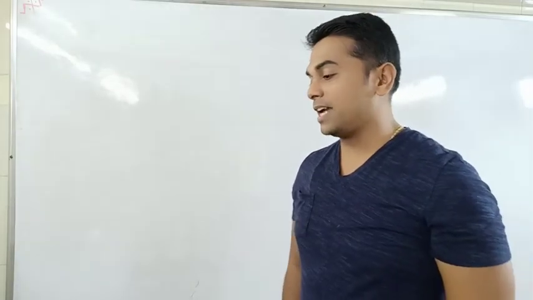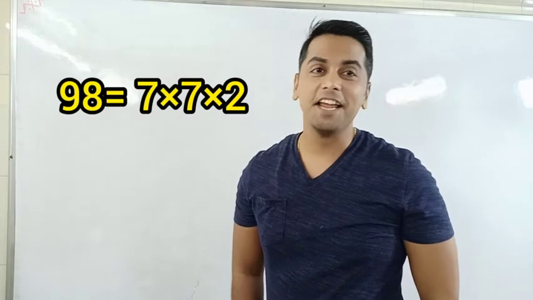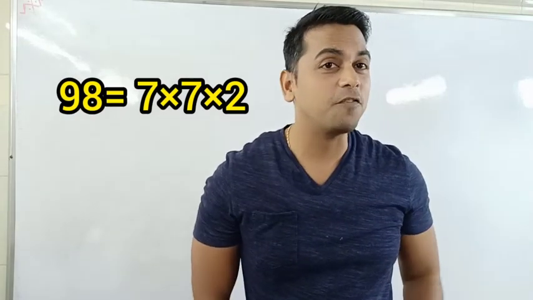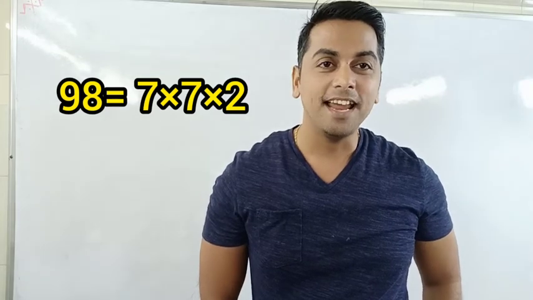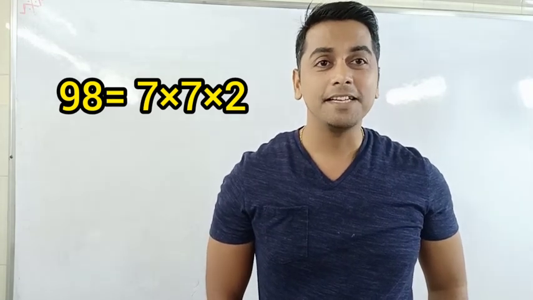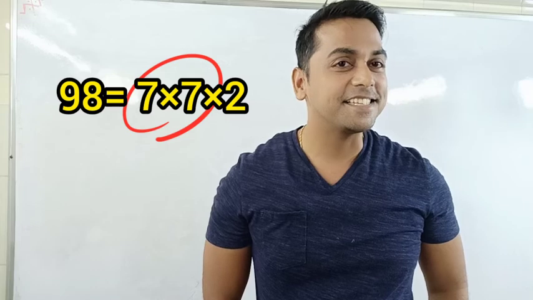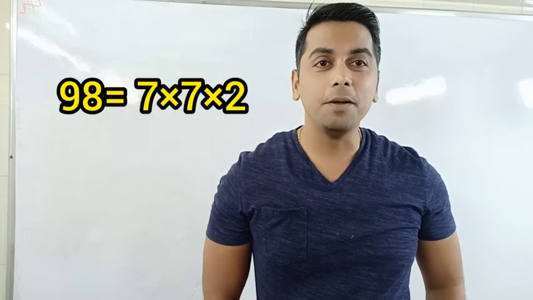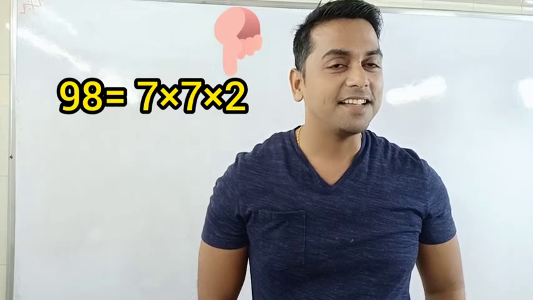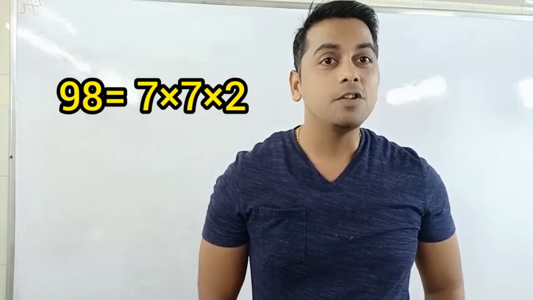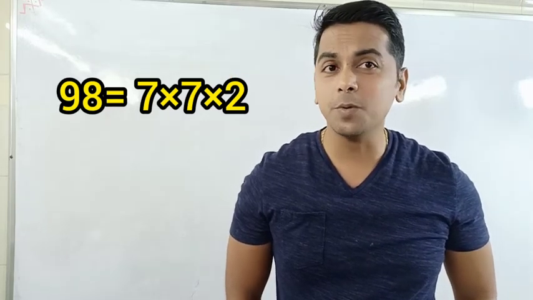Let's take one more example of 98. The factors of 98 are 7 into 7 into 2. Here, which number is paired? 7. Yes, the number 7 is paired. But which number is single or unpaired? Answer is 2. Right? So, do you think 98 is a perfect square?